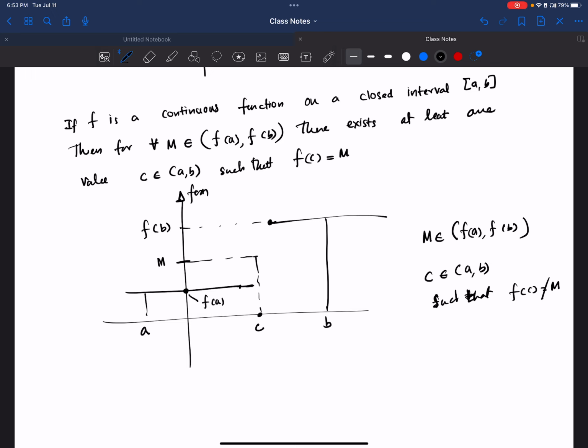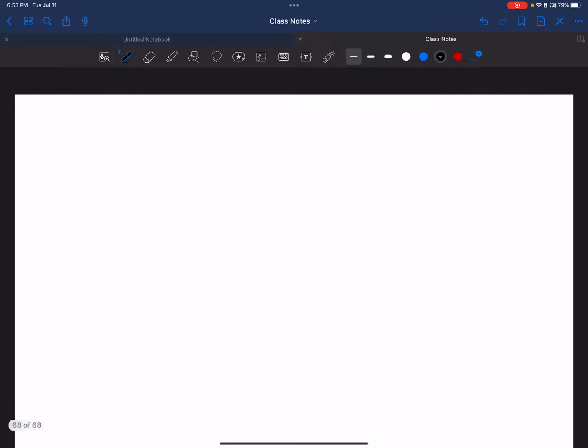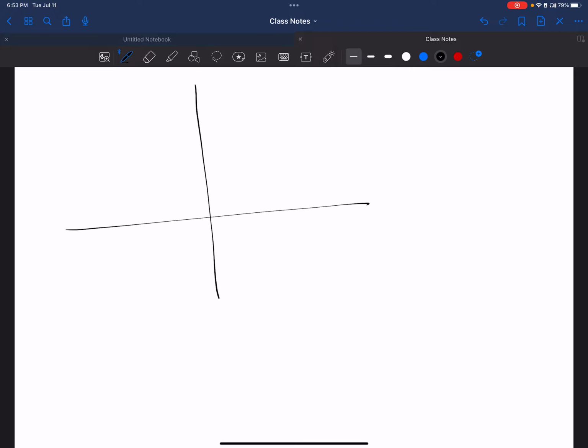Now, why is this important? It is important to find whether the function has zeros. What are zeros? Zeros of a function are the x values where the function value becomes zero. If I show that in a graph again, if you have a graph like that, these are the points where the function value becomes zero.